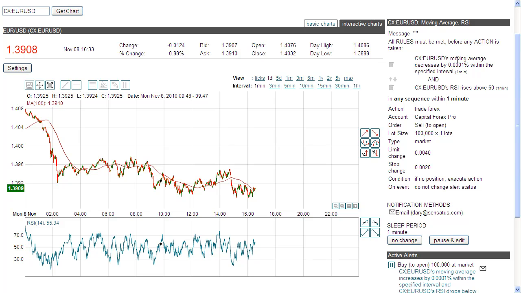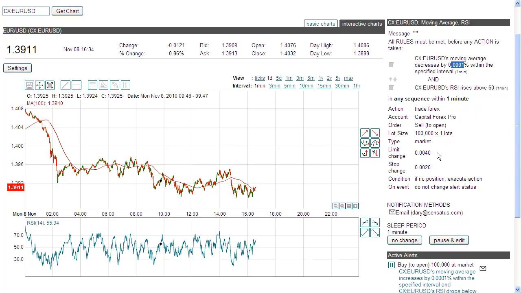So with this rule, when the moving average decreases by a very small percentage, 0.0001, and the RSI rises above 60, they can happen in any sequence, but both of them have to happen within 2 candles, as this rule is based on a minute based interval, and so is the RSI. So both have to happen in any sequence within 1 minute.